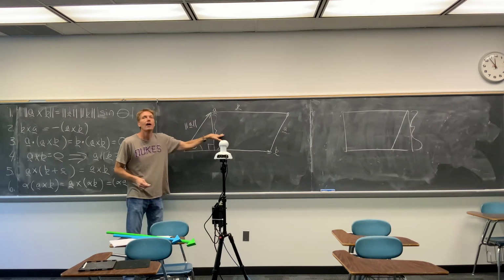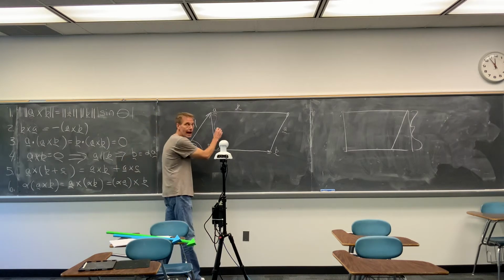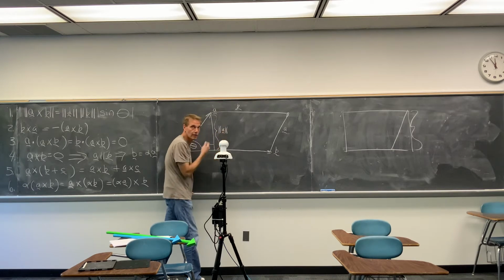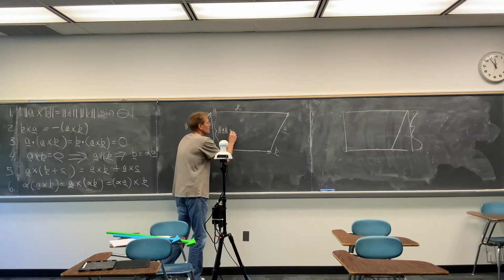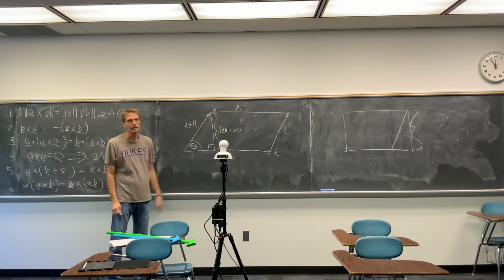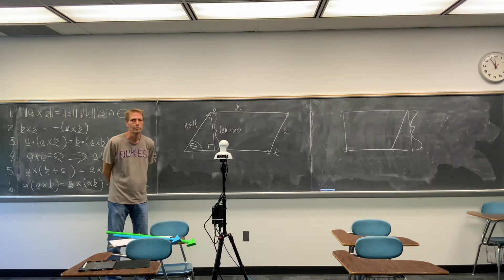Is this side the opposite side or the adjacent side to the angle? Opposite. So you should have had the norm of A times the sine of theta. And we're assuming theta is positive. We're assuming sine's positive here. We're in the first quadrant.